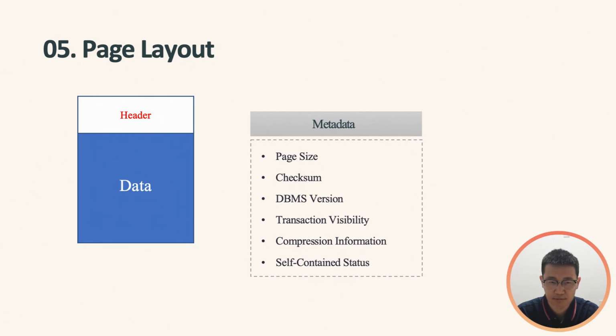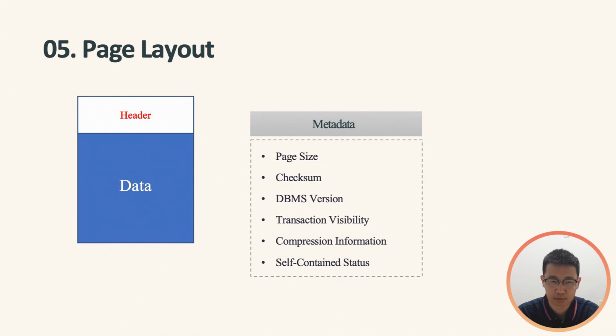When setting up the data and configuring the tuples, there are two different layout methods. One is the slot page method, and the other is the log structure method. These methods help address issues such as when a tuple is deleted or has a variable length attribute, and gaps appear between tuples.